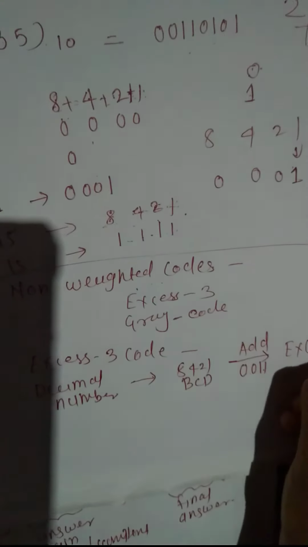Take one example for the XS3 code. First take 12.